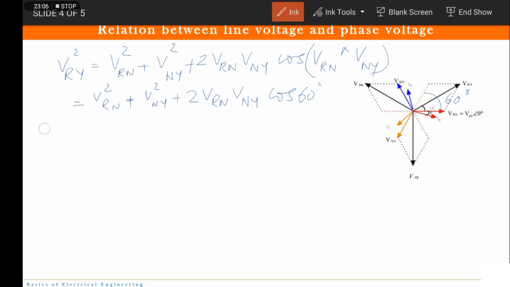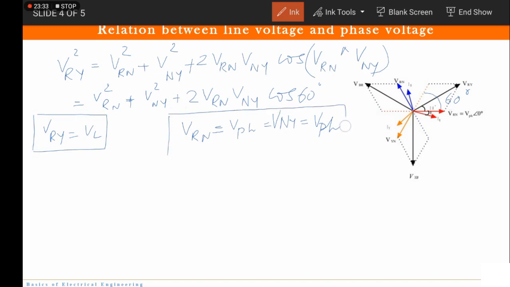But then what is VRY? It is the line voltage. And what is VRN? It is the phase voltage, right? Similarly, VNY, phase voltage, correct? So we will replace VRY by VL and these by VPH.